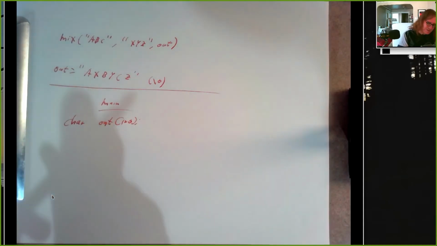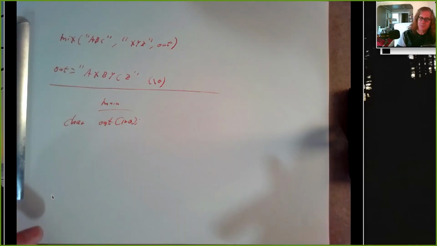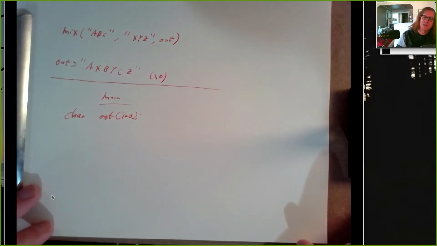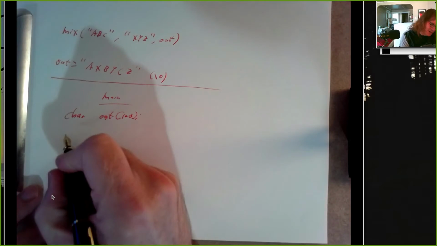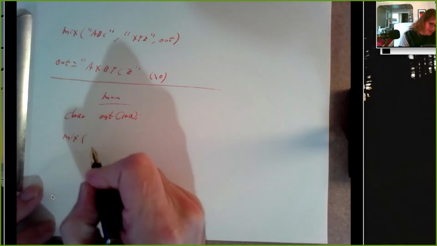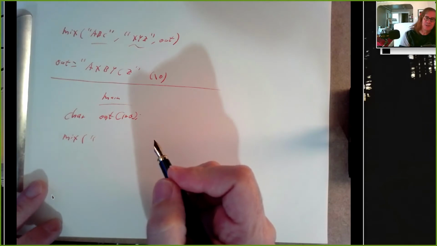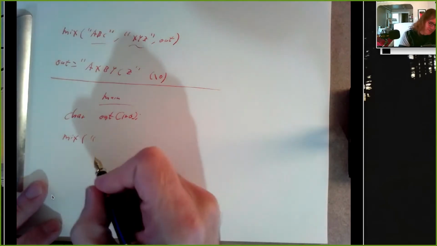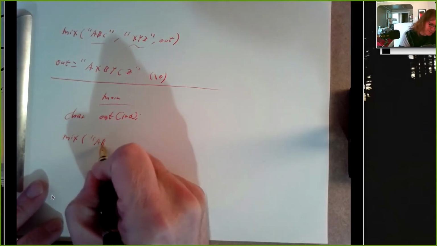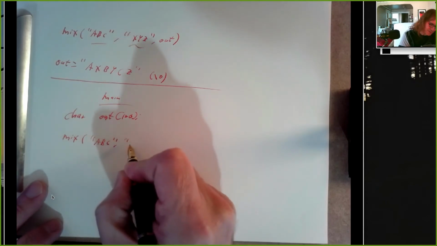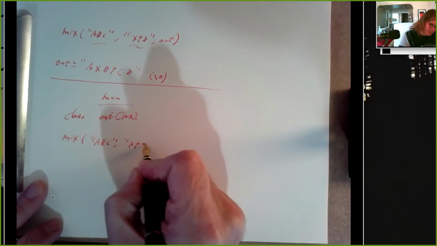Make it big enough to hold whatever size strings you're planning to test with times 2, and then just call mix. And since we're not modifying these strings, you're hopefully not modifying them, we can pass these as just strings inside quotes.